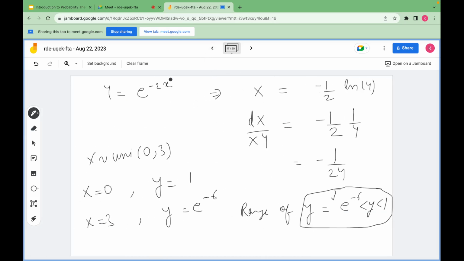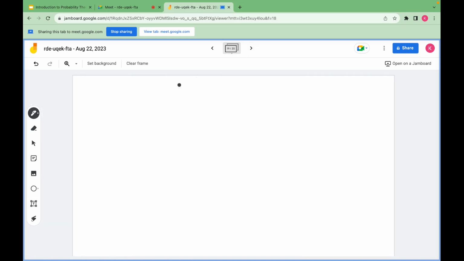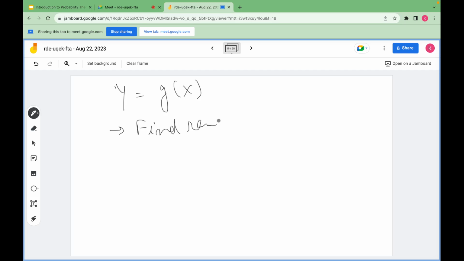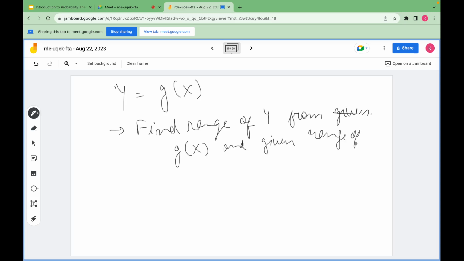So whenever you are given a random variable x with some probability density function and you need to find the probability density function of another random variable which is given as some function of x, then if we are given y as some function g(x), the first step is to find the range of y from g(x) and the given range of x.